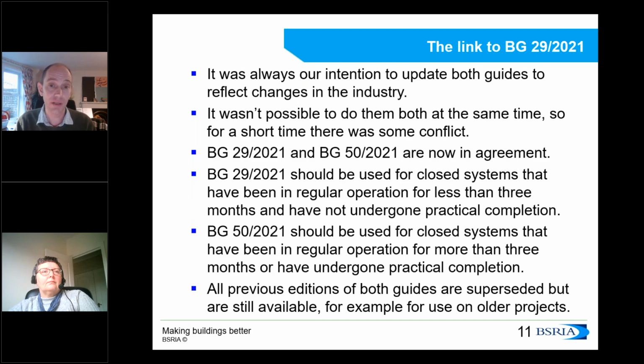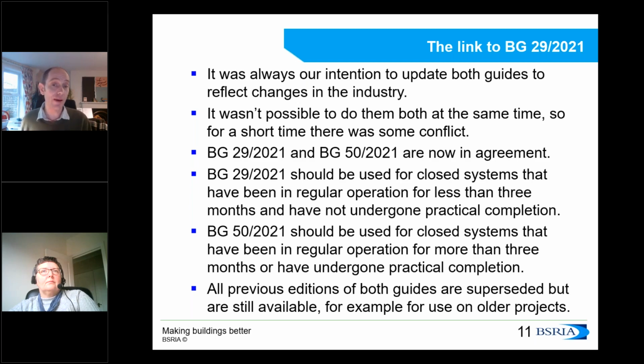So it was always our intention to update both BG29 and BG50. In an ideal world, we would have done those at the same time. That would have been very difficult. It would have been quite a lot of work for us, and it would have been quite a lot of work for steering group members.